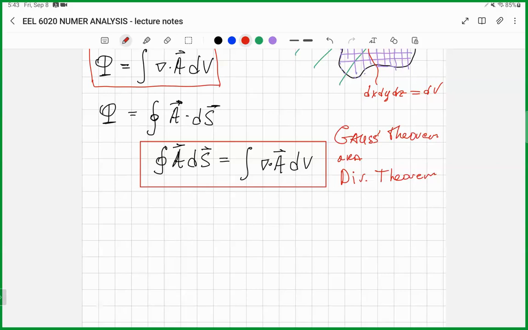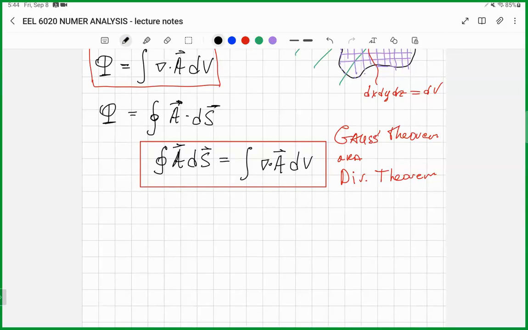for any system, for any object, if I need to find the flux through that object, instead of taking the integral over the surface, I can simply take the integral over the volume of the divergence of the field. And usually these integrals over the volume are easily taken.